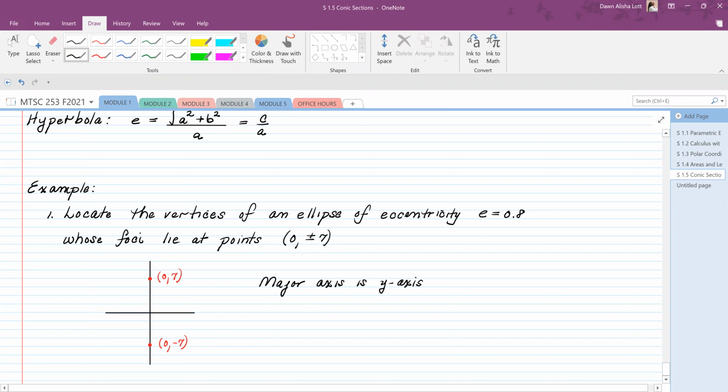And so if those are the foci, that means c is equal to 7. Okay. And the vertices are going to be here and here, which is going to be (0, a) and (0, minus a).